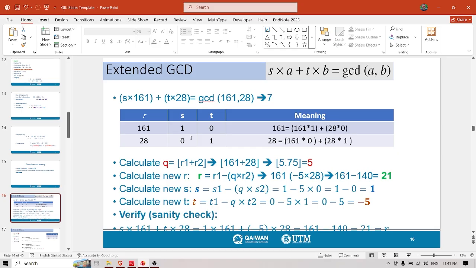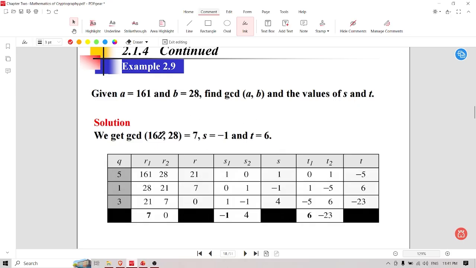So now we will also explain this extended GCD in this style. Now we have 168 and 28, and this is the example that has been given to us: a is 168, b is equal to 28, and find the GCD of a and b. First we need to find the GCD and the values of s and t.